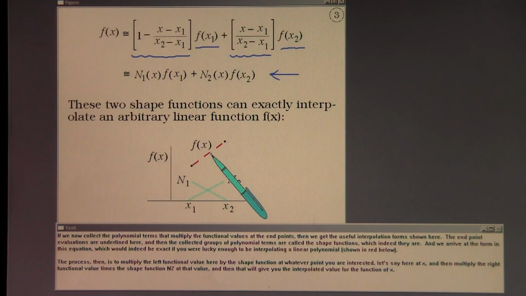The process then is to multiply the left functional value here by the shape function at whatever point you are interested. Let's say here at x, and then multiply the right functional value times the shape function n2 at that value, and then that will give you the interpolated value for the function of x.